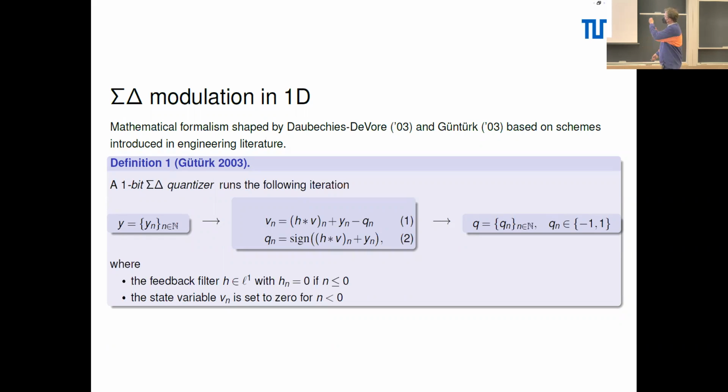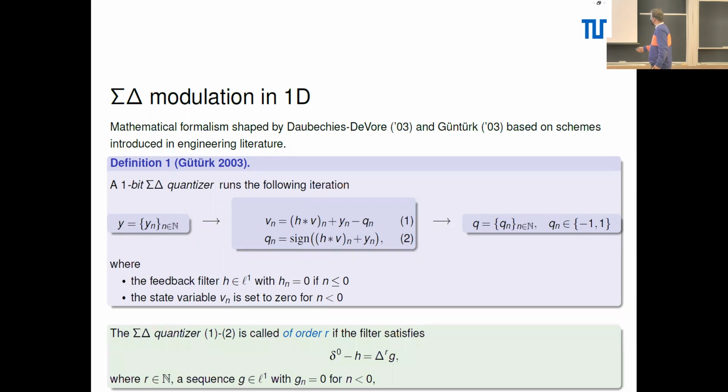You just have a general filter H that you're convolving with, and I'll give you an example of that later on. The most important thing is that the rth order nature of the filter now boils down to the fact that this new filter H has some rth order finite difference hidden inside.